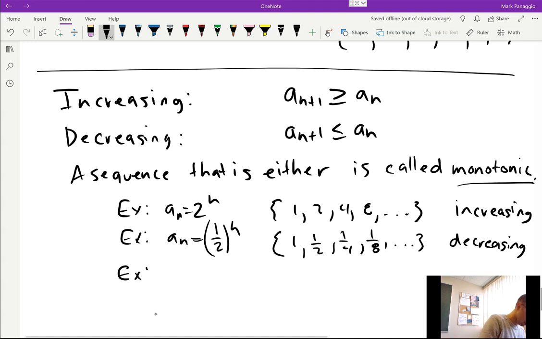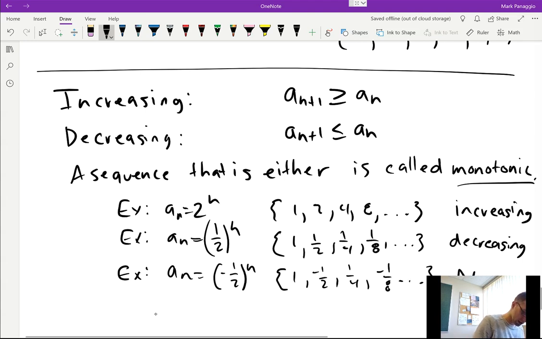We could also look at, say, (-1/2)^n, which is 1, -1/2, 1/4, -1/8, and so on. And this one is actually neither of the two. It neither increases all the time nor decreases because it's bouncing back and forth. So you don't necessarily have to be increasing or decreasing. You could be neither of the two.